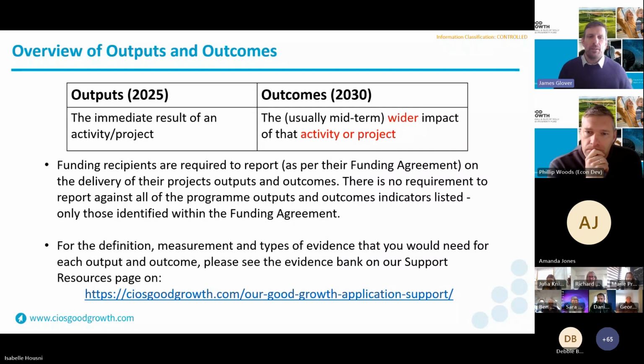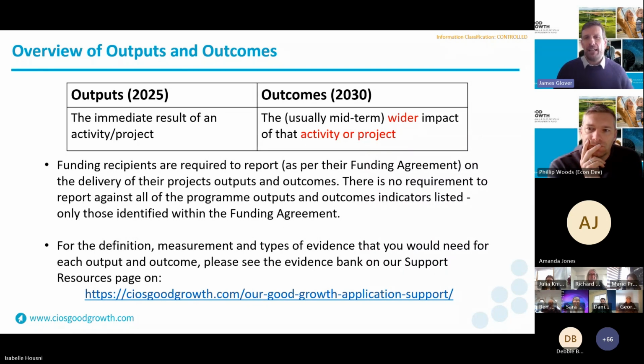So for the definition, measurement and types of evidence you would need for each output and outcome, we've got an evidence bank on support resources. Again, that's on our website, the link's there, and as Amanda said, we will circulate this presentation round afterwards to everyone on the call, so you can follow that up and avoid taking notes now.